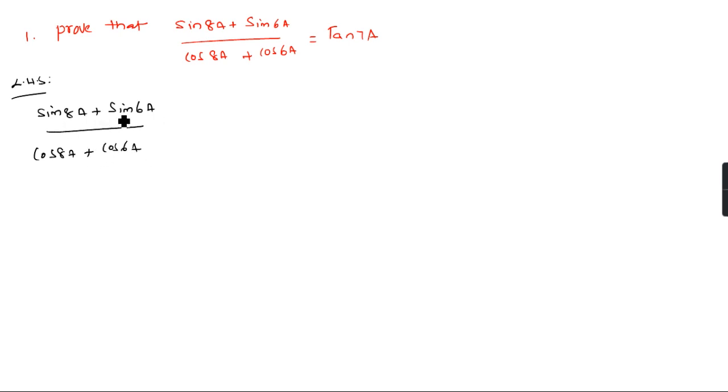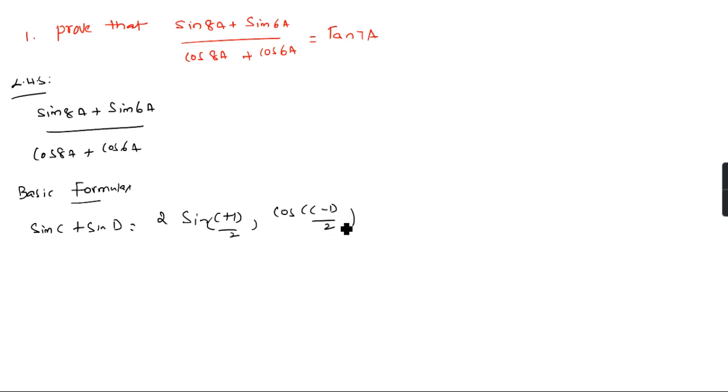So this is sin c + sin d, and this is cos c + cos d. What are the basic formulas? The formula for sin c + sin d is 2 sin((c + d)/2) cos((c - d)/2).